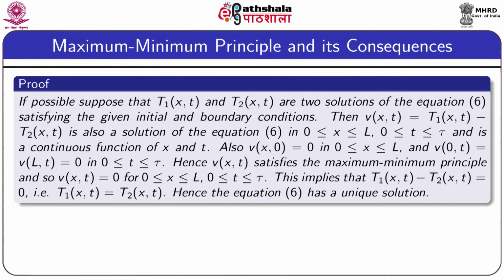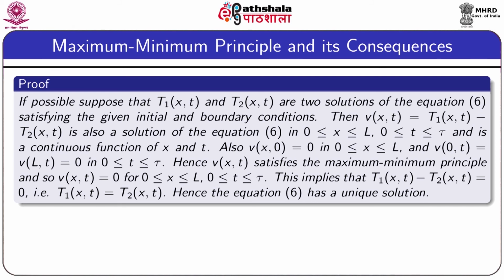This is the proof. If possible, we assume that there are two solutions, T1 and T2. These two solutions will satisfy the heat equation 6 and they will also satisfy the initial and boundary conditions.